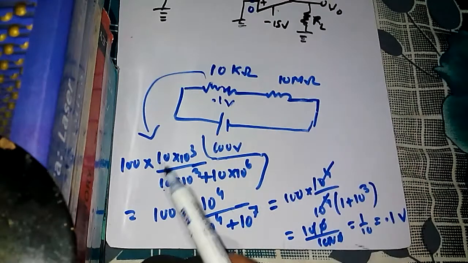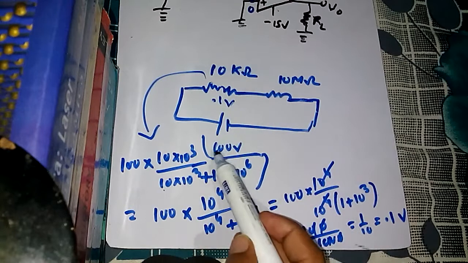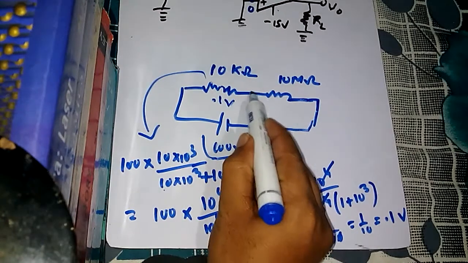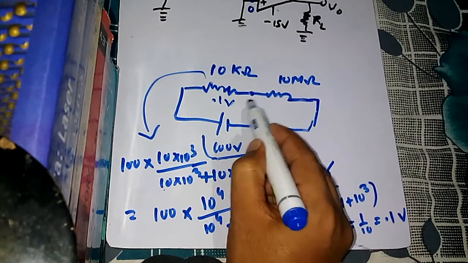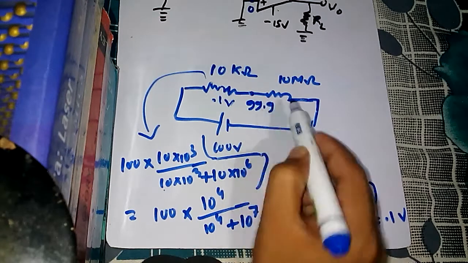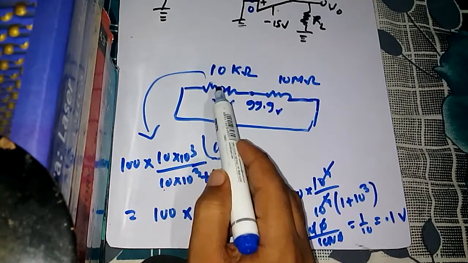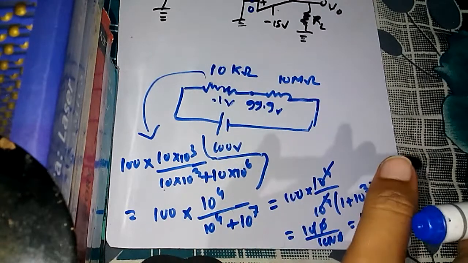Now according to the voltage divider rule, the voltage drop across this point is 0.1 volt, and since it was 100 volt, what is the voltage at this point? At this point we have 99.9 volt. You understand? So actually across this resistance no voltage has dropped, we may assume.